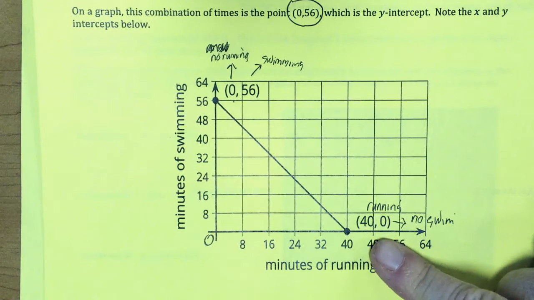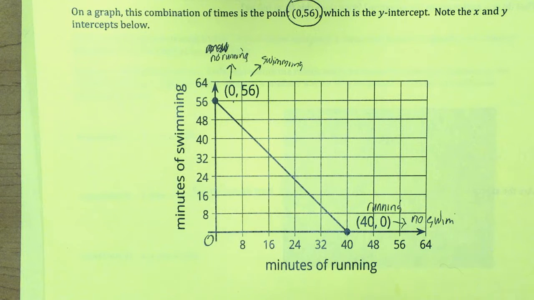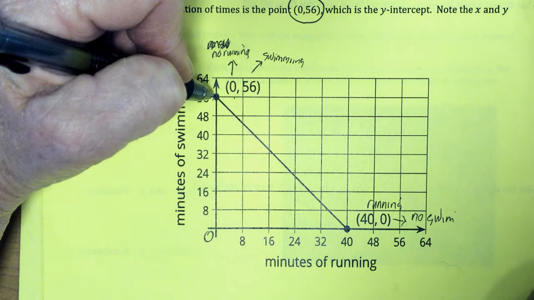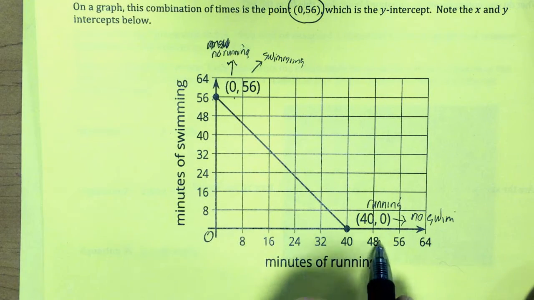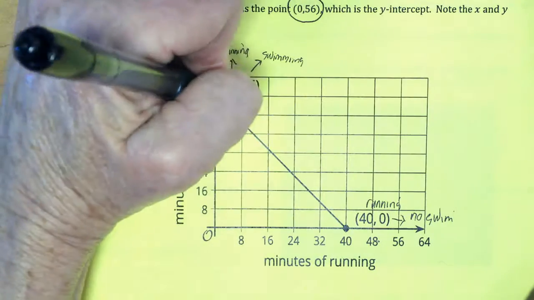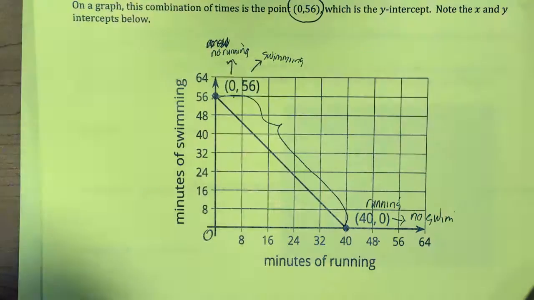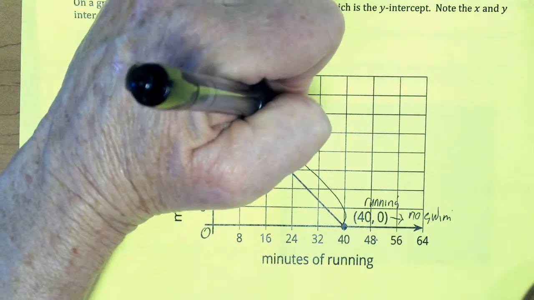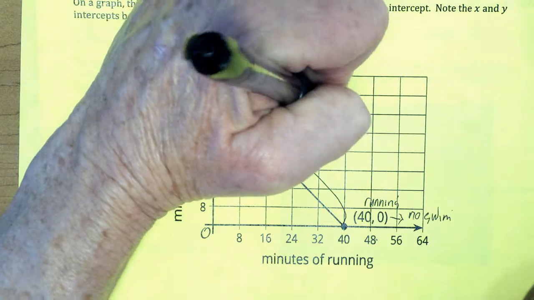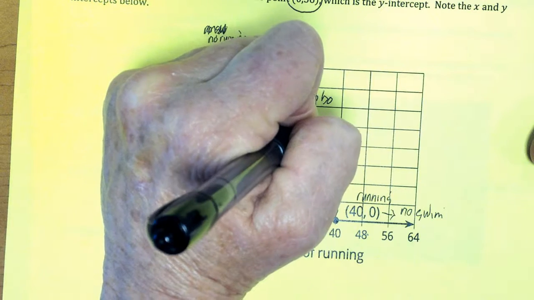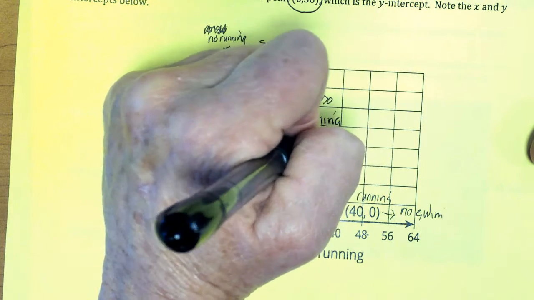Right there. So take a look here. Here's my y-intercept, here's my x-intercept. And basically, any combination in here could be a combo, any combo of running and swimming.